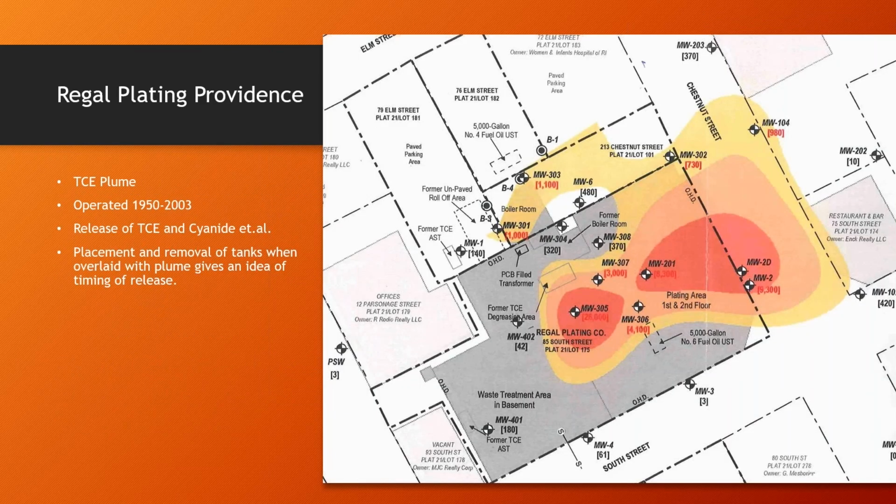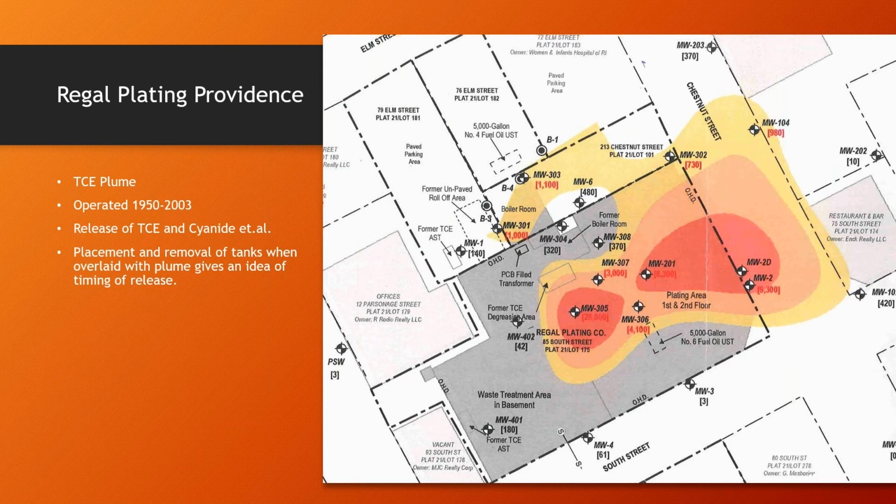I wanted to give us a real-world example of this issue of determination of listing. This is from a plating facility in Rhode Island, Regal Plating, and this was a TCE plume. This is an example of what I wanted to talk about when I was saying a good faith effort to figure out whether or not the waste was listed. You look up at the top of that diagram, you'll see there's a PCB transformer that was formerly located.